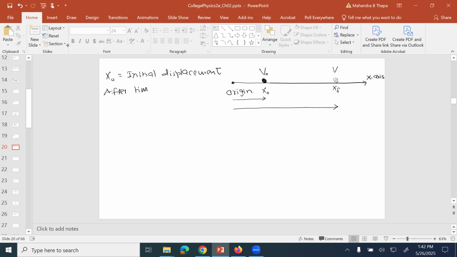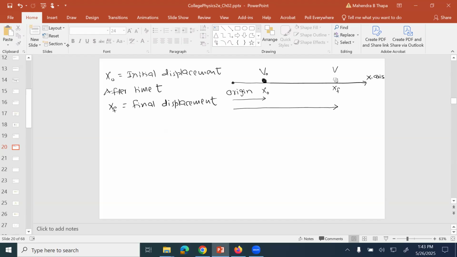After time t, the object will be at a position. So x final is the final displacement. Let's assume this is the initial position, and this is the final position.